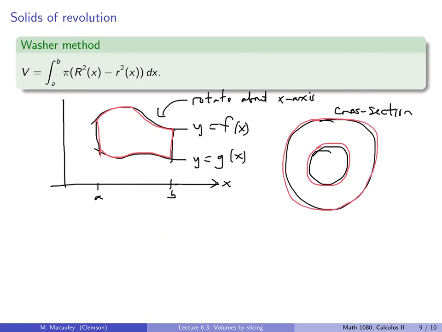Let me say that this big circle has radius big R of x, and let me say this small circle has radius little r of x. So the volume of the solid of revolution is going to be, well, the shape is going to be this washer if we rotate this region here about the x-axis.